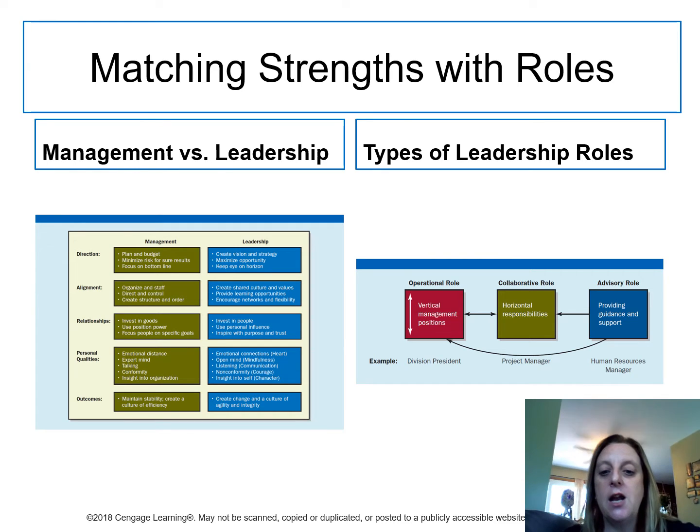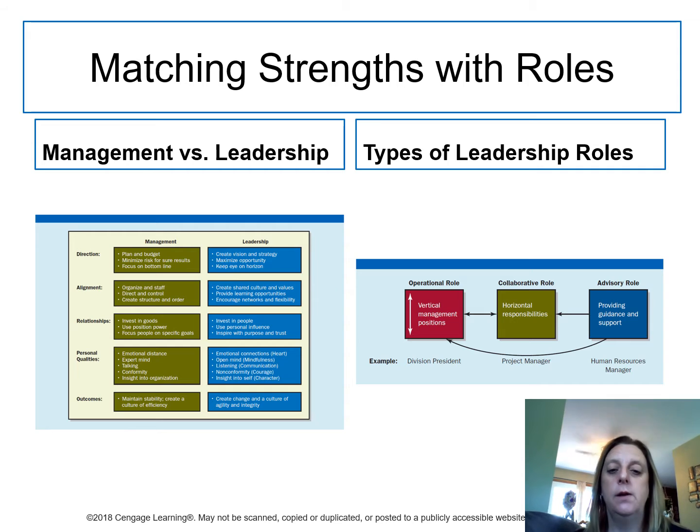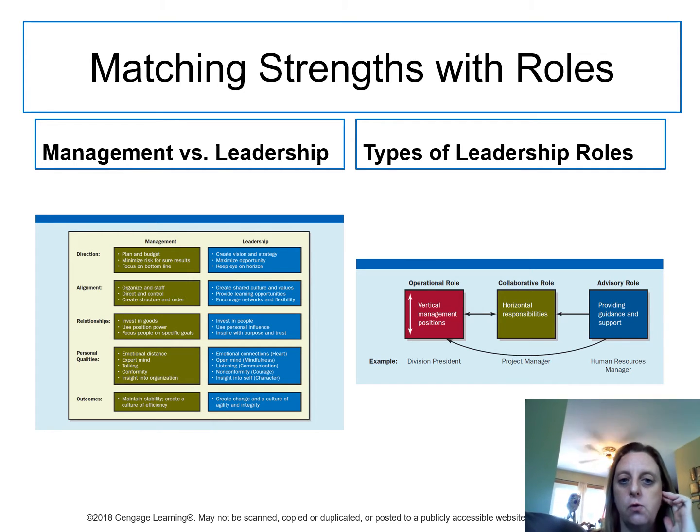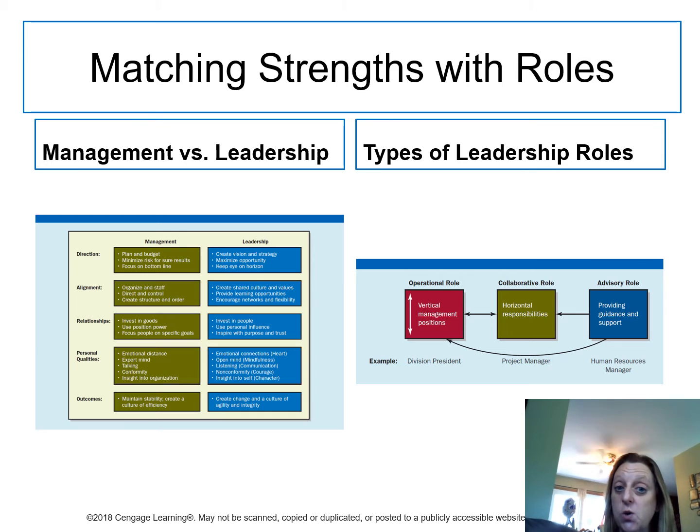So the operational role is basically a vertically oriented leadership role in which an executive or administrator has direct control over people and resources and the position power to accomplish results, right?